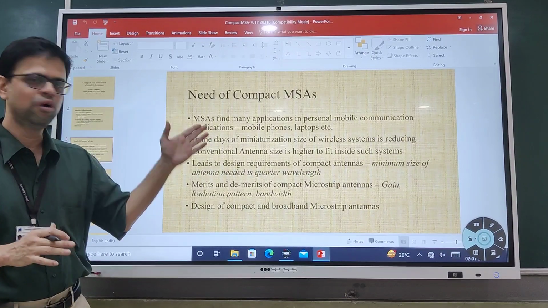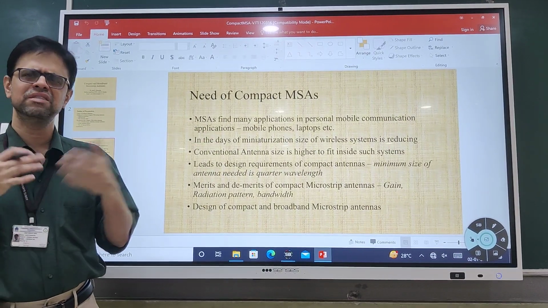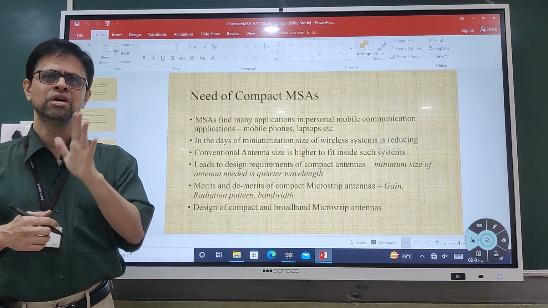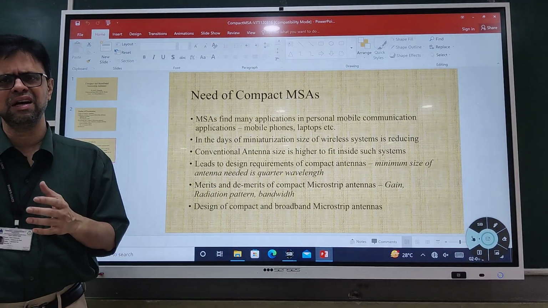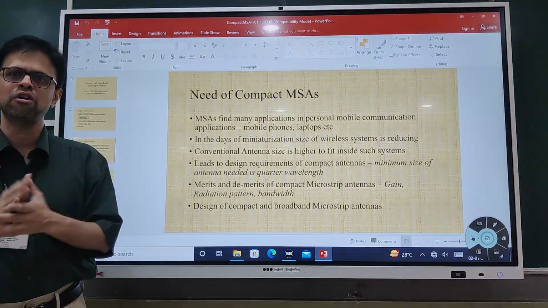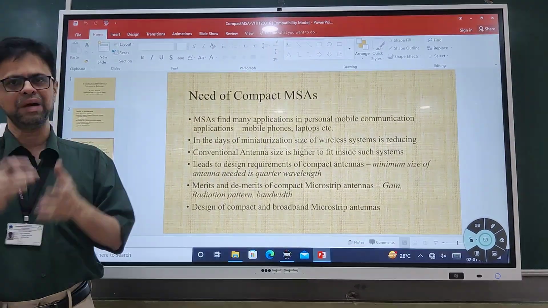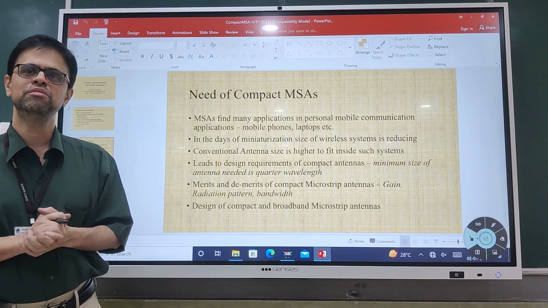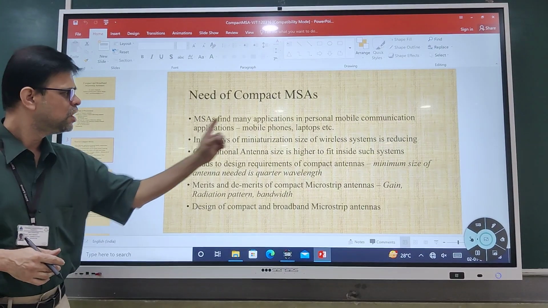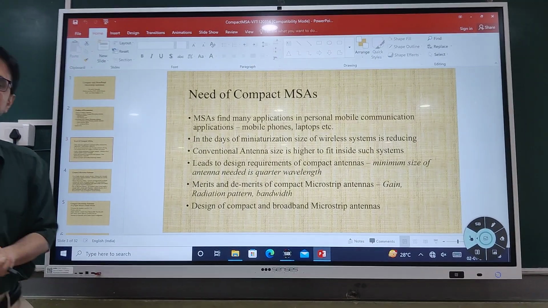In fact, with the evolution of microstrip antenna technology as well as compact antenna designs, many of these applications do use compact antennas, let it be Wi-Fi card, mobile phones or anything. Everywhere where you require a conformal design, where you require a compact size, microstrip antenna comes into application. So MSA finds applications in many of these things.